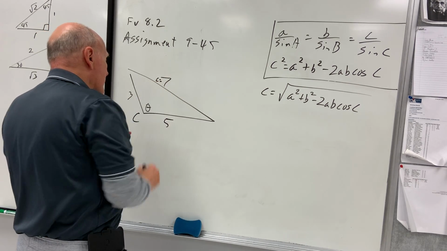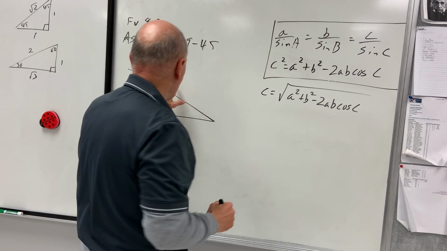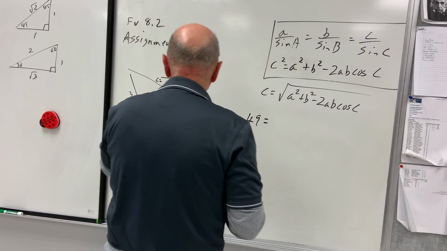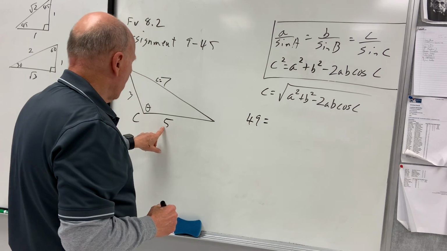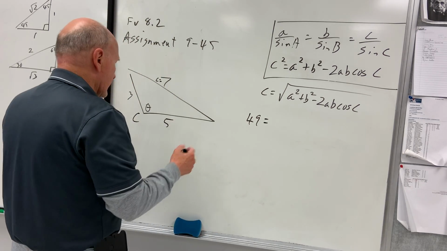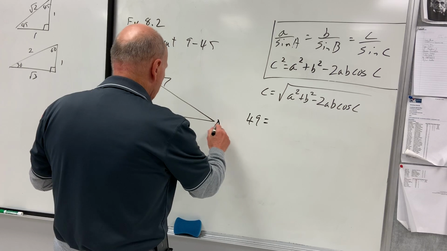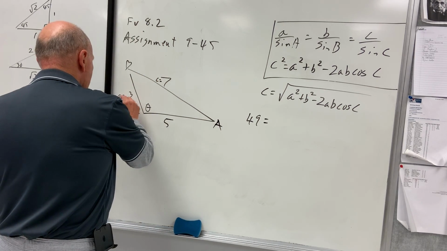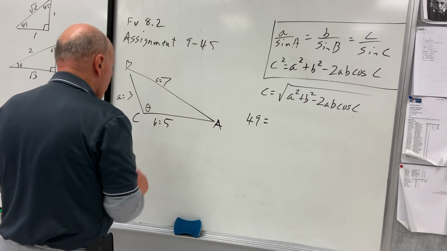Little c, capital C. So I've got c squared, that would be 7 squared, which would be 49, equal to a squared. It makes no difference which one of these we call A. I'll call this capital A and this capital B. So that tells me that little a is equal to 3 and little b is equal to 5.